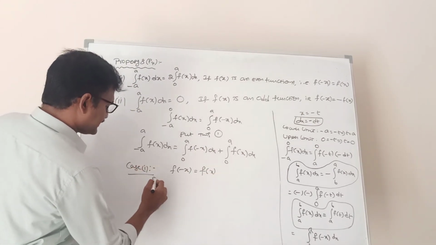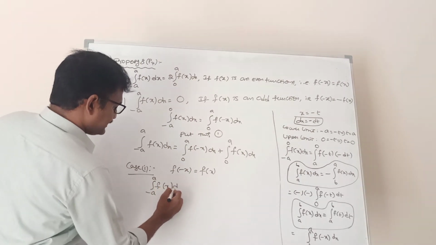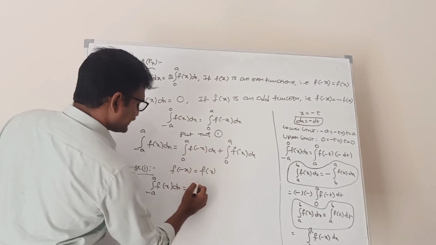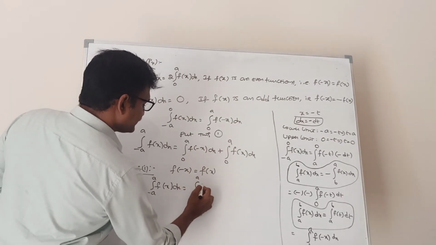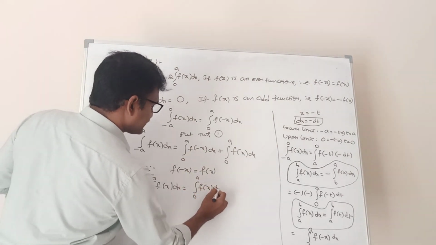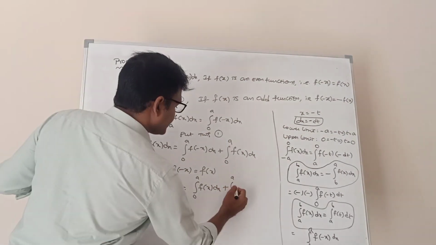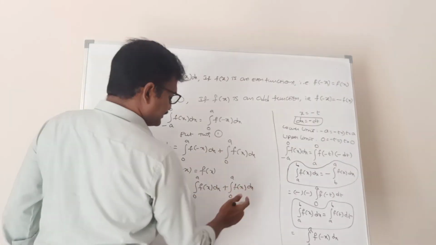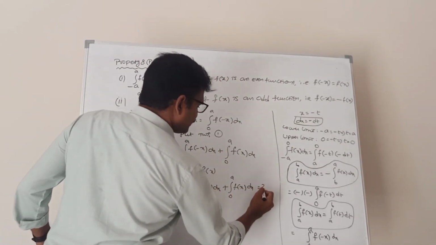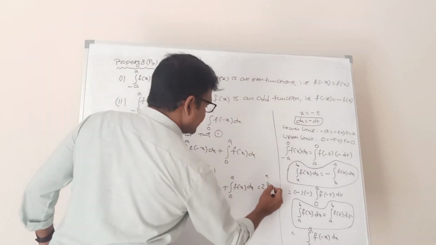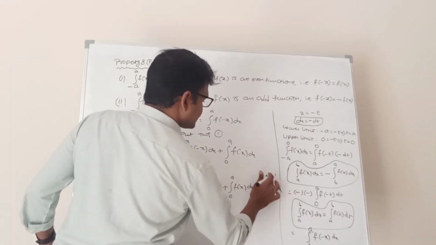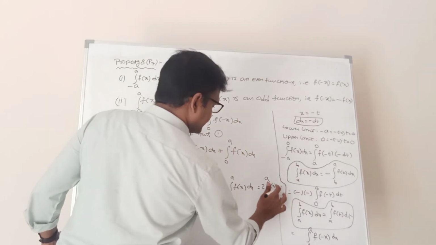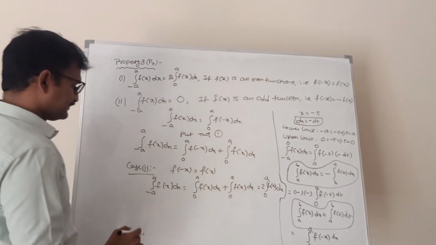Then we will get minus a to a f of x dx is equal to, in the place of f of minus x, you need to replace with f of x, so 0 to a f of x dx plus 0 to a f of x dx, which is 2 times 0 to a f of x dx. This is case 1.